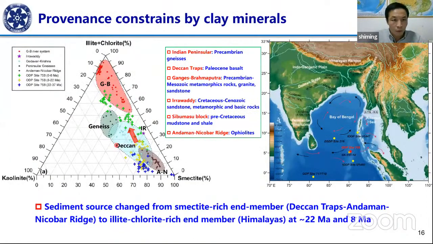And we use the clay minerals to trace the provenance, using the ternary diagram of smectite, illite plus chlorite, and kaolinite, to compare the clay mineral composition of our study site with the potential sources.